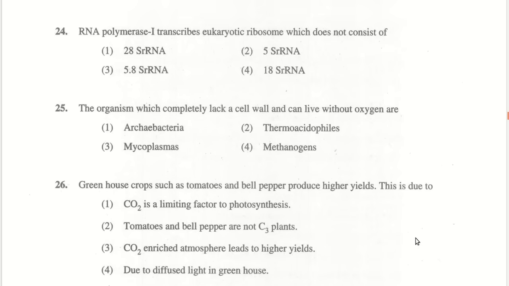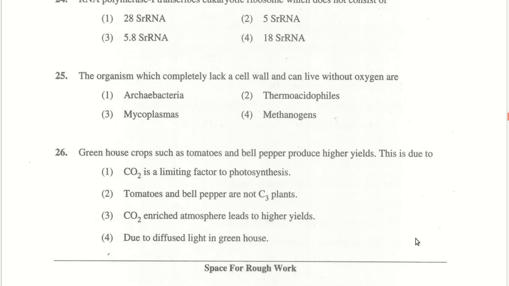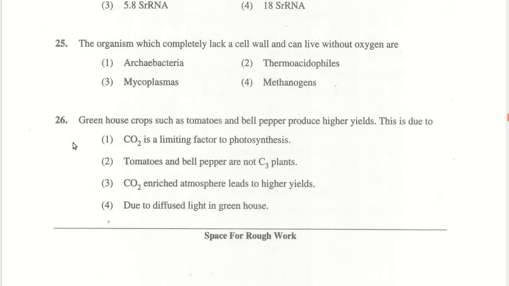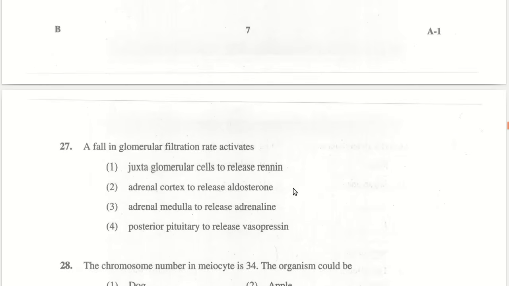26. Greenhouse crops such as tomatoes and bell pepper produce higher yields. This is due to a carbon dioxide enriched atmosphere, which leads to higher yields. So the third one is the answer for 26. 27.